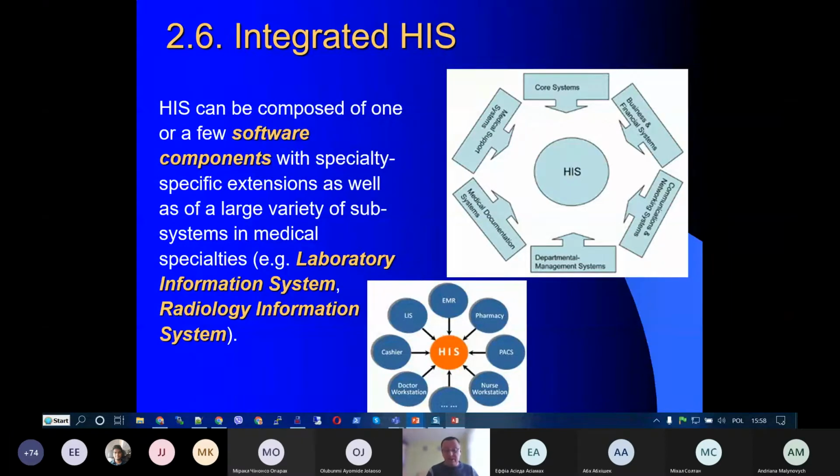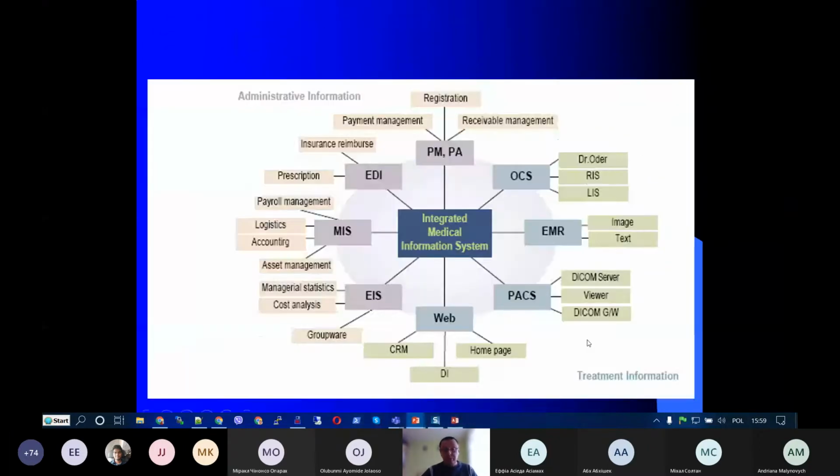As you can see at the bottom part of the slide, a conventionally expected HIS solution would cover everything from electronic medical records to picture archiving systems, and up to various questions related to automation of administrative issues and administrative processes.